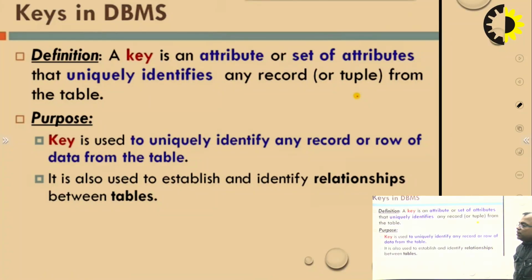Next, the definition of a key. How do we define a key? Basically, a key is an attribute or set of attributes that uniquely identifies any record or tuple from the table.